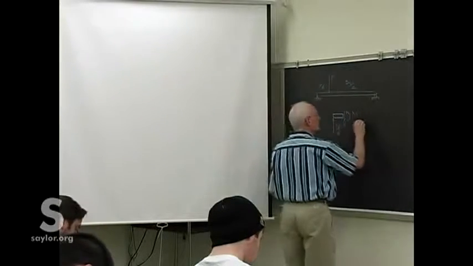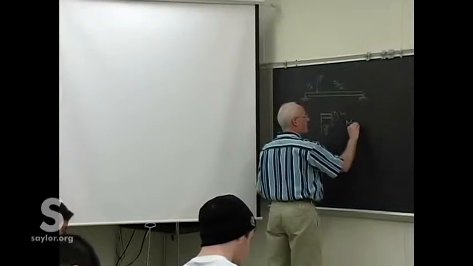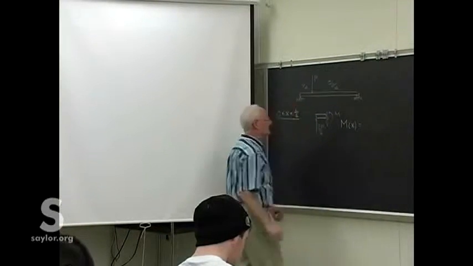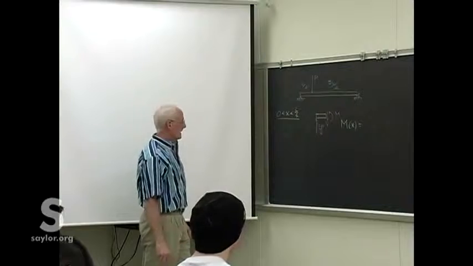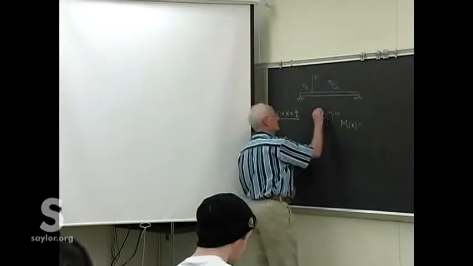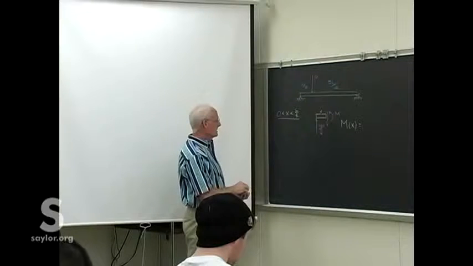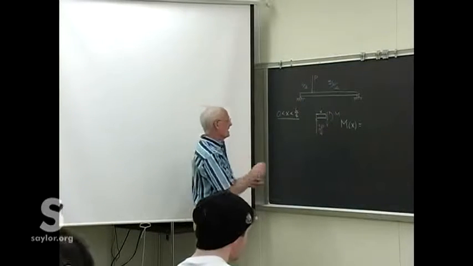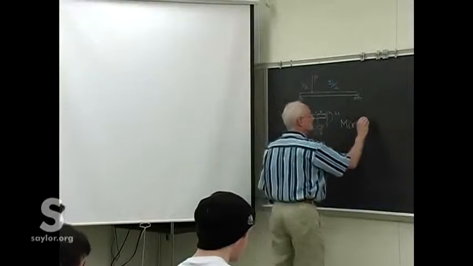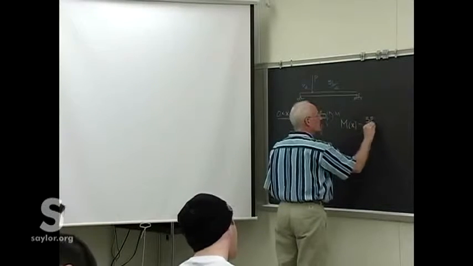And so the moment as a function of x, by the way, a little piece x long, the moment as a function of x is 3P over 4 times x.